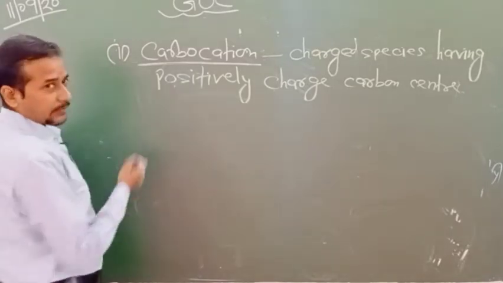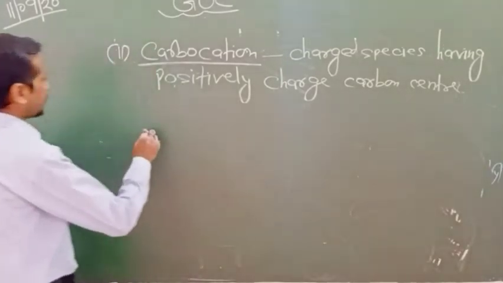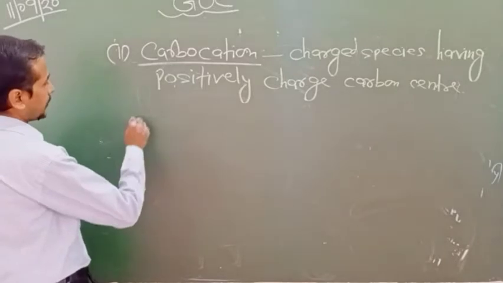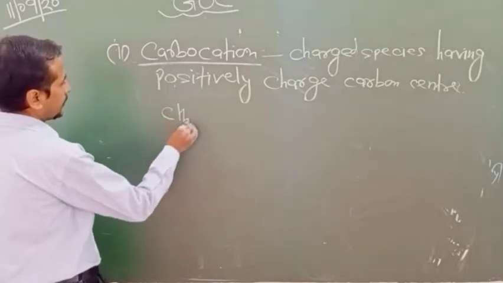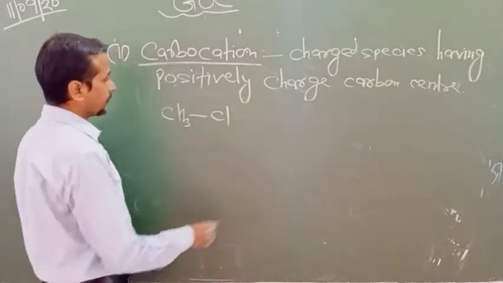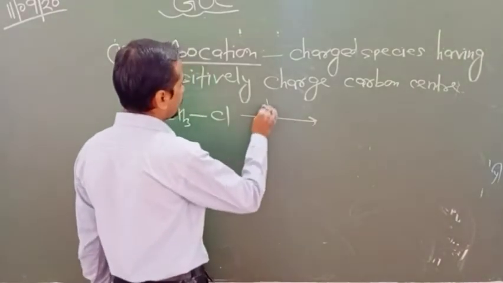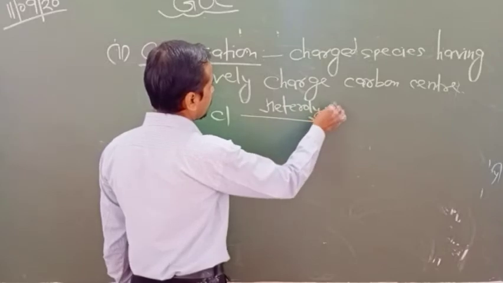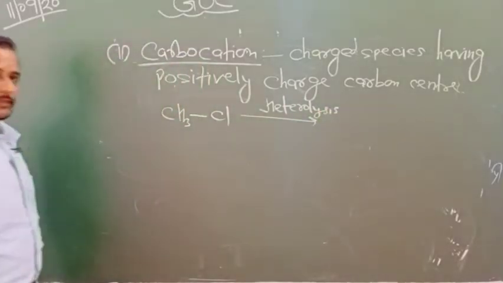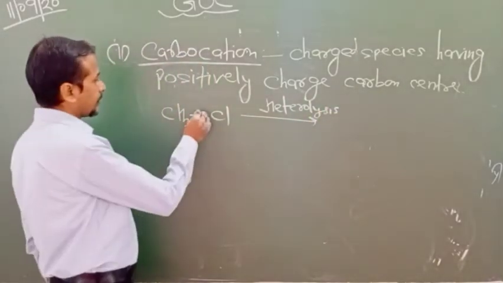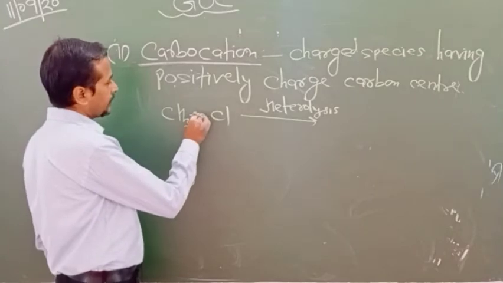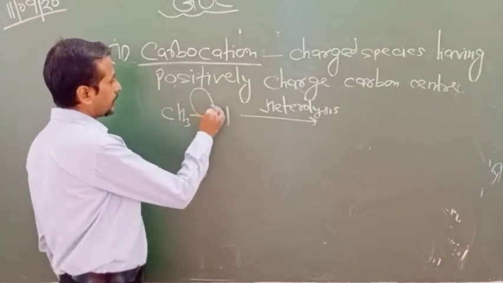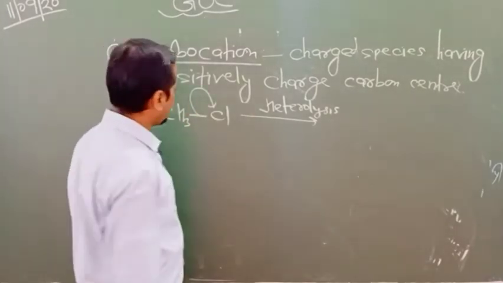Now, how will carbocations be formed? This is by heterolytic bond fission. So look at the condition: CH3, Cl. This carbocation may be formed by heterolysis. I told you that the bond breaking takes place in such a way that the bond shifts towards the more electronegative element.